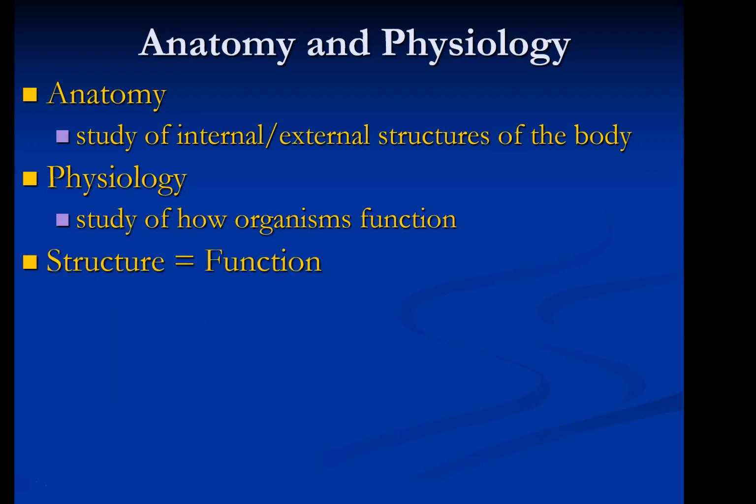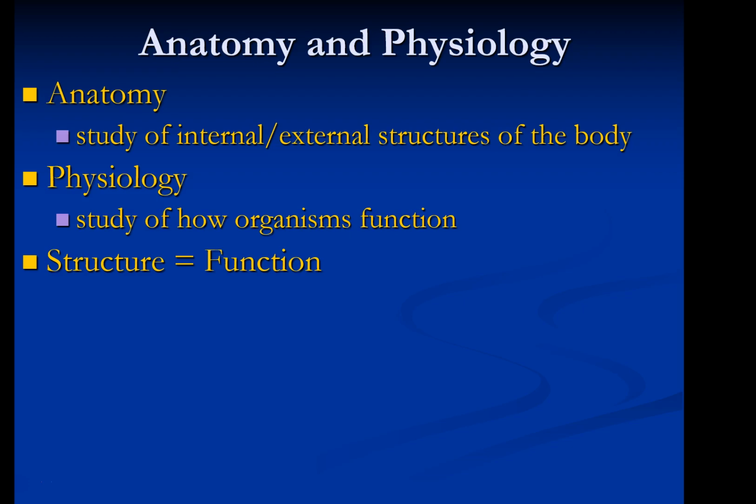Structure equals function. Okay? This is a simple concept. Generally, we might not even know why, but like the appendix kind of falls out of that. Why do we have an appendix? I don't know. Maybe we needed it at some point. But generally, cells, tissues, if they have something there, they use it. Okay? So, egg.